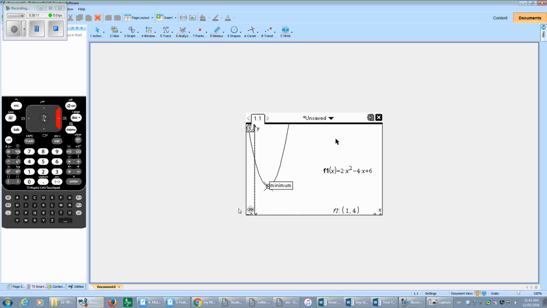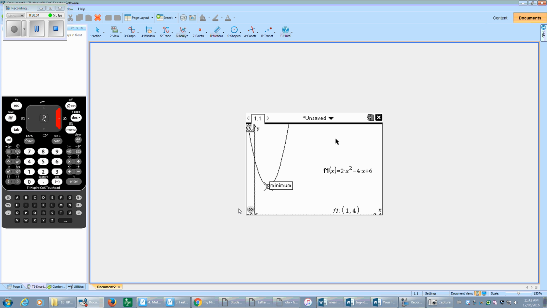How many of you have the word minimum that appeared on your graphing calculator? It should appear at 1, 4. So if you're not on 1, 4, it won't say it. So you got to look at your graph. It should say your minimum.